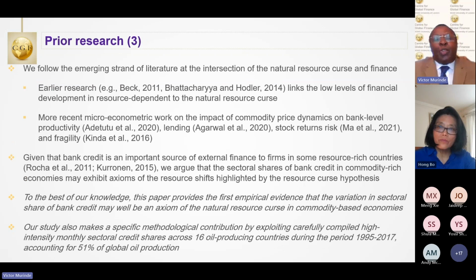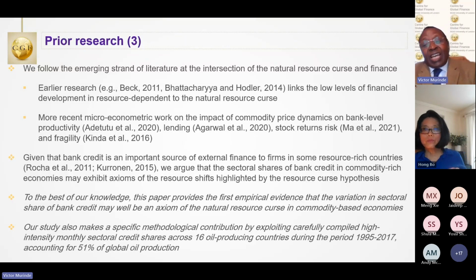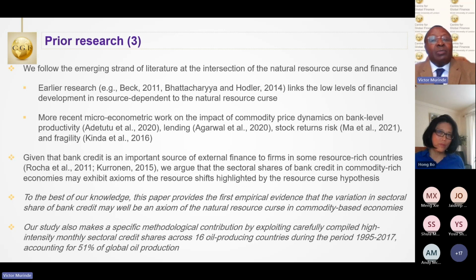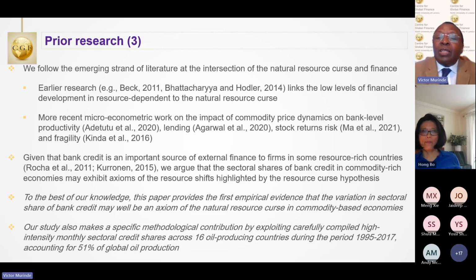But perhaps we should also look closely at this strand of literature, which is at the intersection of natural resource curse and finance. Some of the earlier work, especially by Beck and by Bhattacharyya and Hodler (2014), which I referred to earlier, links the low levels of financial development in resource-dependent countries to the natural resource curse.